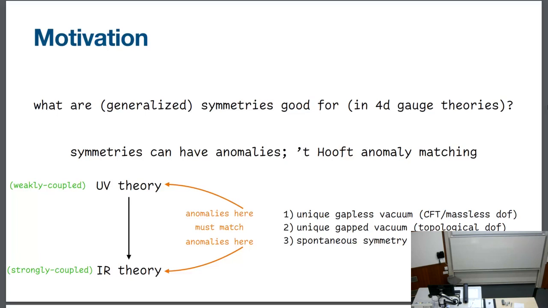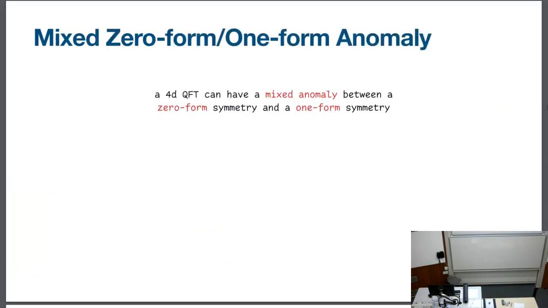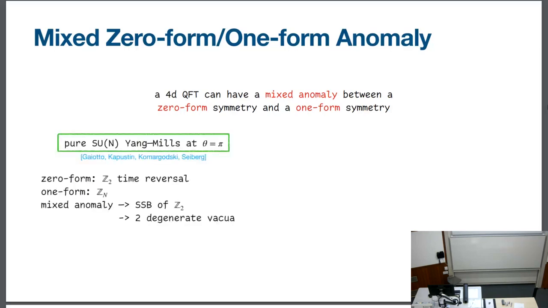Okay, so this is a bit up in the air, so let's be a little bit more concrete. In 4 dimensions, quantum field theory can have a mixed anomaly between a zero-form symmetry, a regular standard symmetry that we've known for a long time, and a one-form symmetry. So let's look at a couple of examples.